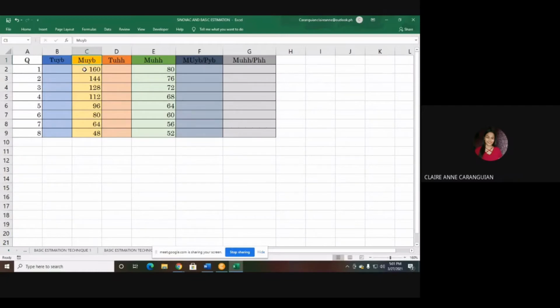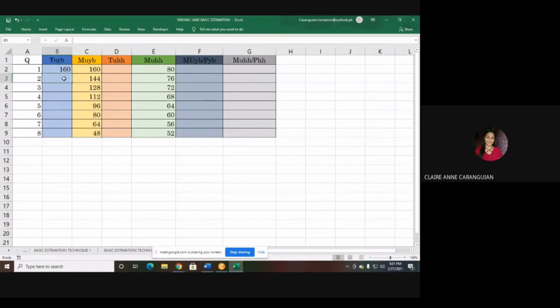The current marginal utility for Yum Burger is 160, and since we have no previous total utility, just copy 160.